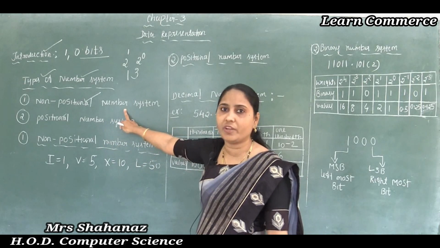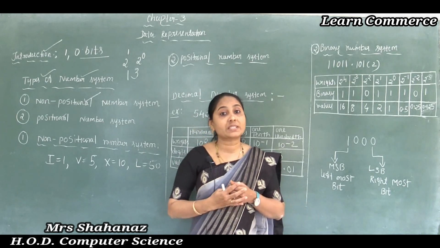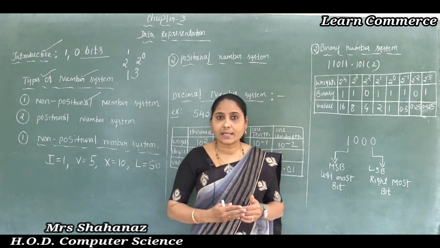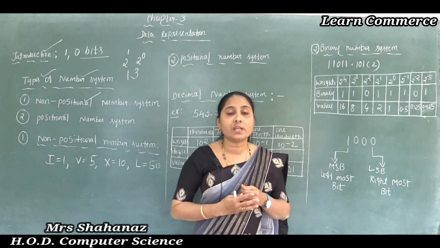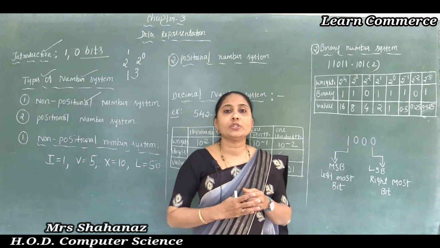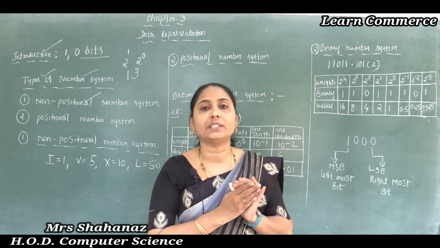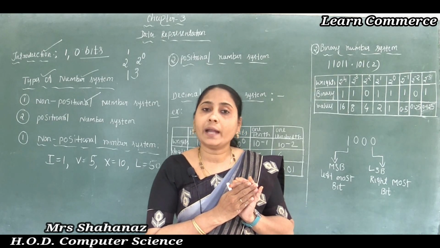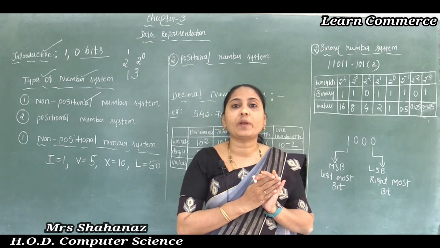Sure, we would need a million stones or a million sticks in this case. So such a non-positional number system is specially used just for simple calculations like addition and subtraction. And this non-positional number system consists of different symbols.